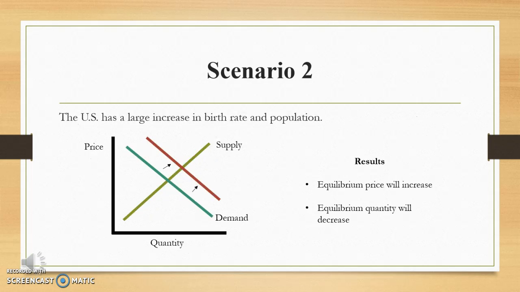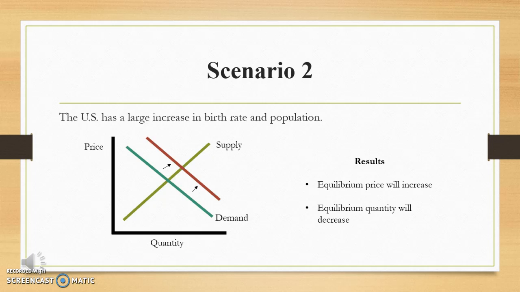Okay, our second scenario is the U.S. has a large increase in birth rate and population. The results of this will be that the equilibrium price is going to increase, and the equilibrium quantity will decrease. Let's start with the quantity here. The quantity is going to decrease because there's more people, and more people are going to need that oil and that gasoline that's going to fuel our cars and get us where we need to go, because there'll be more cars on the road with more people.